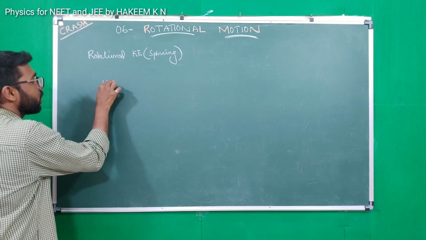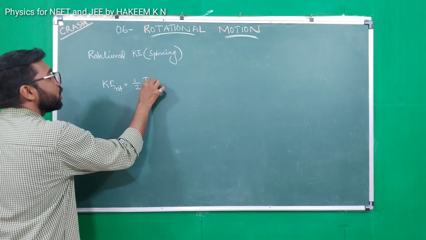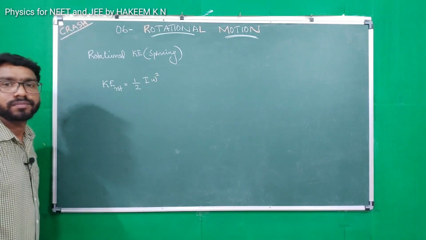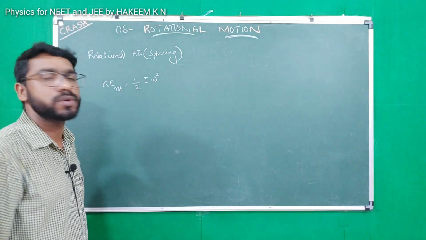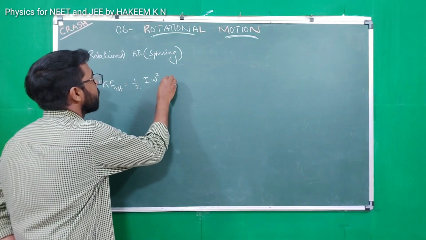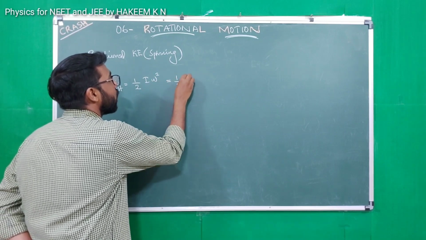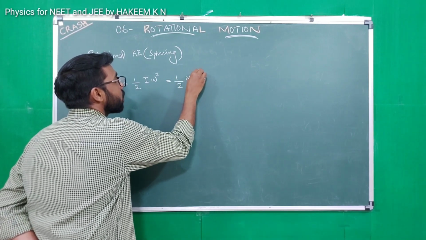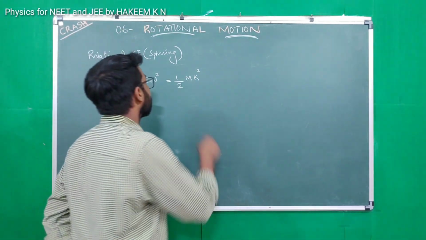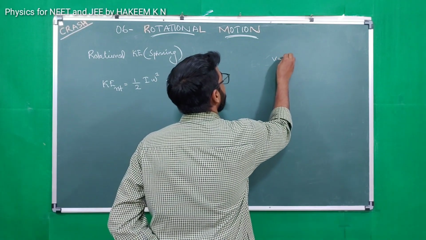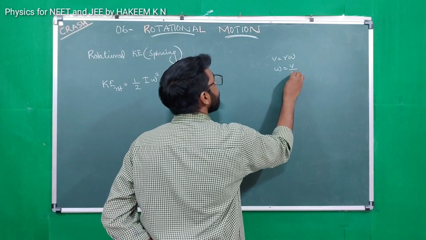Rotational kinetic energy, the common equation is half I omega square. Instead of mass we use moment of inertia, and instead of velocity we use omega. Half into, for I we can write mk square, where k is the radius of gyration, and v equal to r omega, so omega equal to v by r.